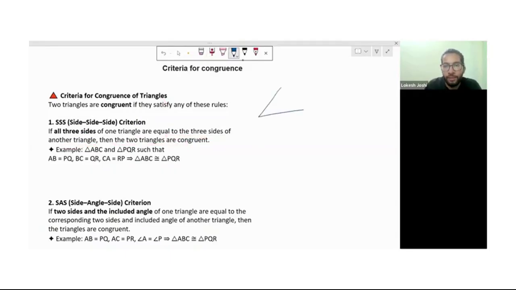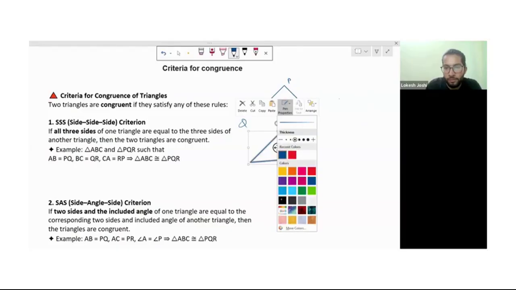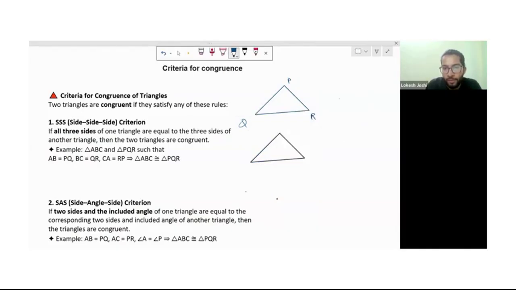Suppose this is one triangle, PQR, and we have one more triangle, and suppose this triangle is ABC.